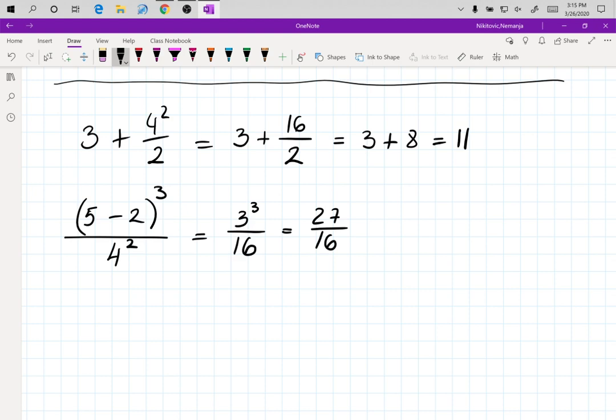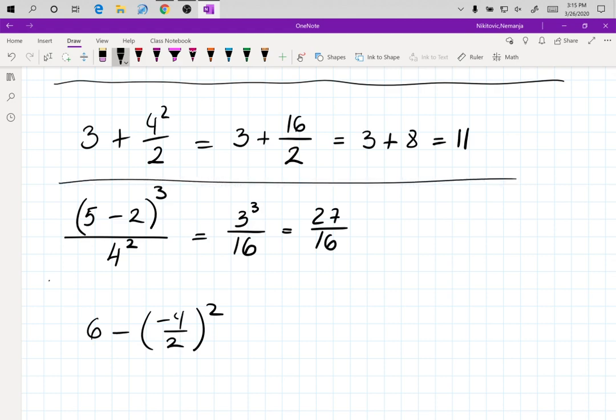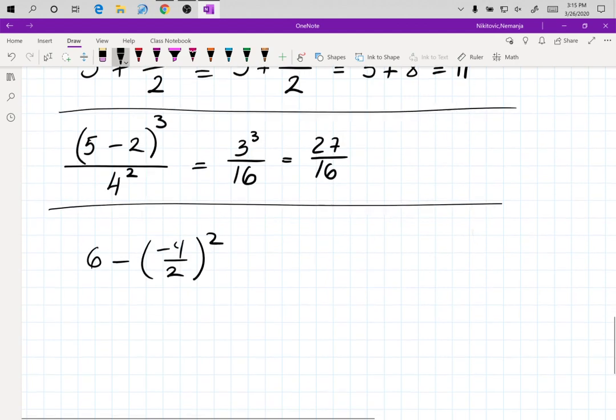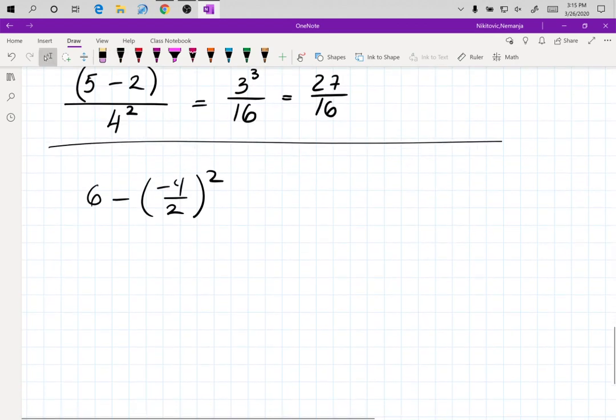And maybe we can take a look at one of these problems with the negative signs. They have 6 minus, -4 over 2, everything squared. Now this problem can be solved multiple ways. We are going to use the parentheses.